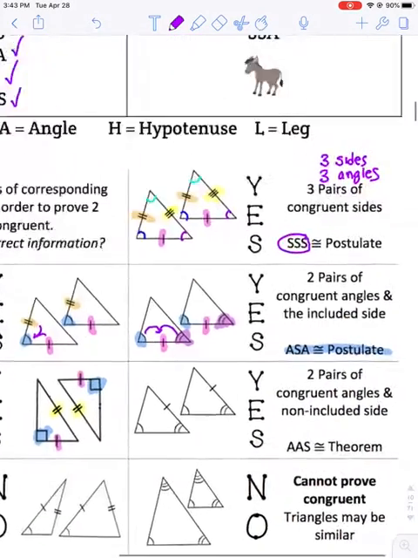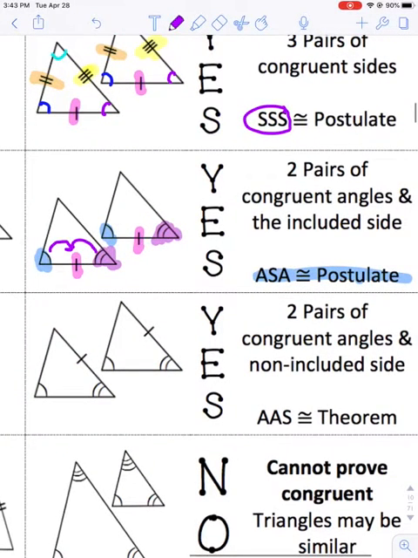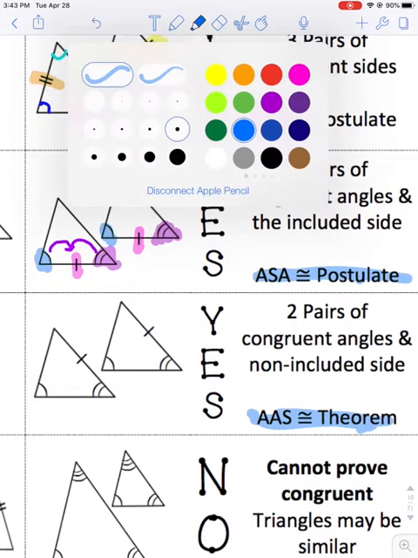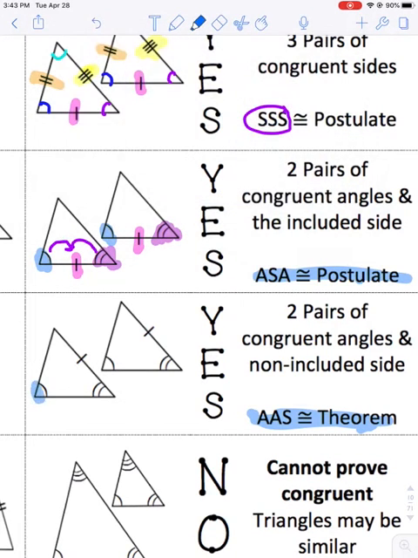The last one that works is angle, angle, side. This is the one everyone forgets about. If you get stuck, it's probably angle, angle, side. This means that we have these 2 angles congruent, these 2 angles congruent, and then a side that is not between them is congruent.